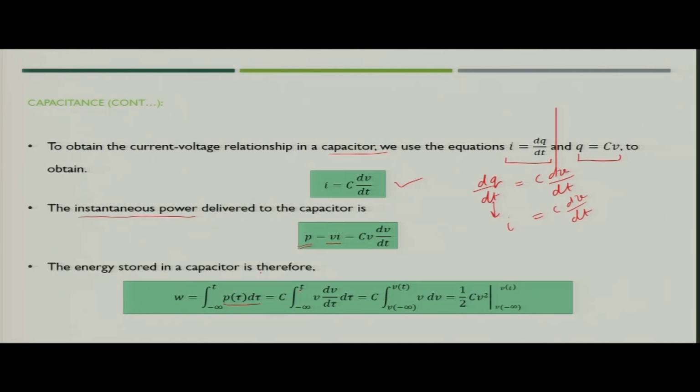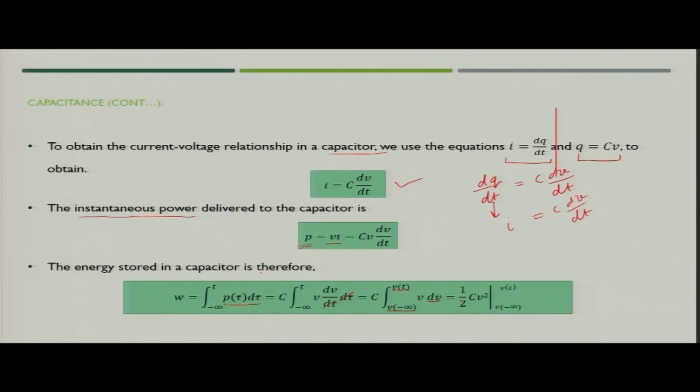C is constant, so you can take it out: integral from minus infinity to t of V dV by d tau multiplied by d tau. These two will cancel out, so eventually your differential would be with respect to dV. Your limits now will change from V at minus infinity to V at time equal to t.